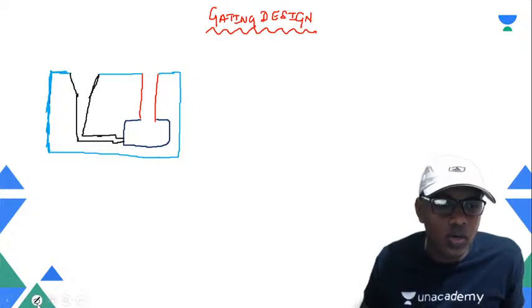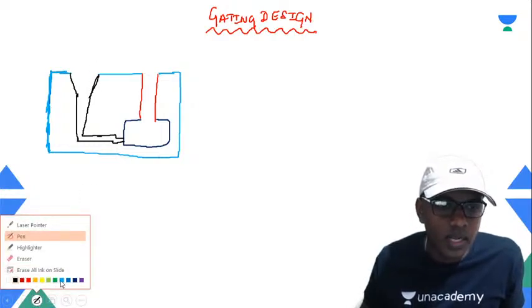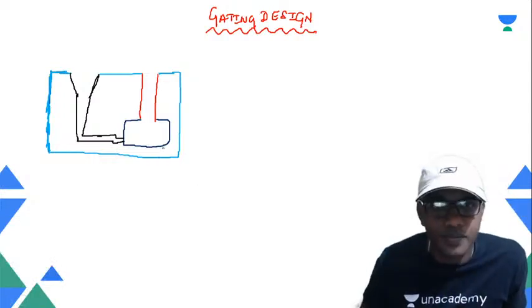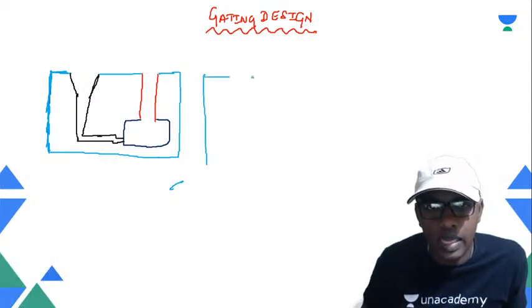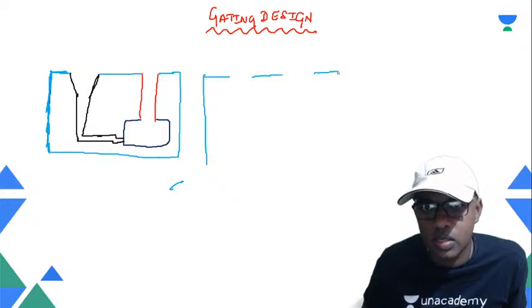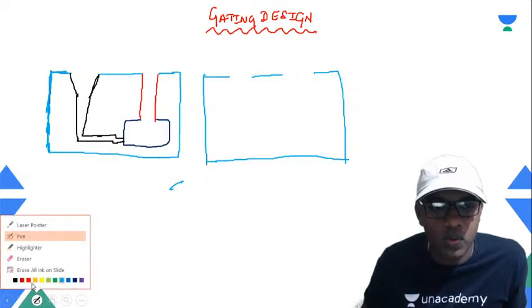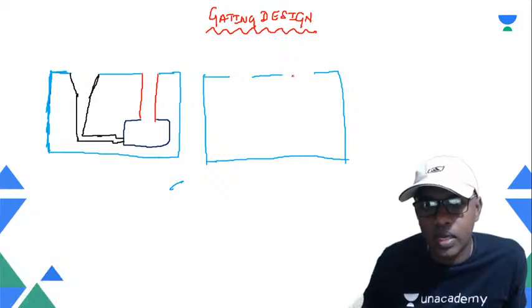This is how we usually draw a diagram, correct? But in a gating design, particularly, it has small changes in it. For comparison, I am drawing a second diagram, not overlapping the previous one to confuse, but to get better clarity.